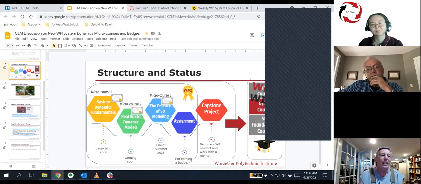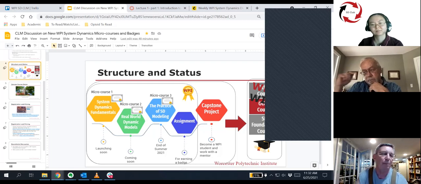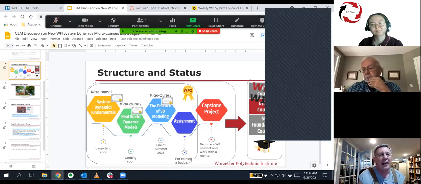And one last point is we also anticipate that the core curriculum, the nuts and bolts of how do I build one of these models, will be popular. But then the domain area tracks, which will initially follow the special interest group topics roughly of the society, economics, healthcare policy, and what have you, will be areas to build in.